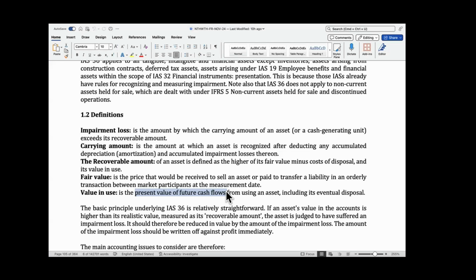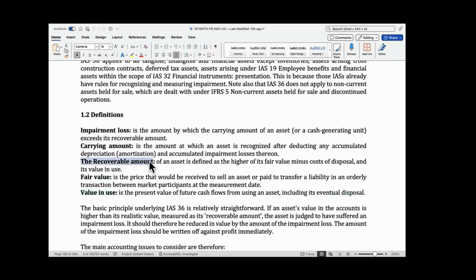So they would estimate future cash flows, future benefits that you can get from that asset. They will get their present value, including how much you will sell the asset eventually. They will get the present value of that too. That's value in use. So by the time the examiner gives you fair value and they give us value in use, the higher of the two is recoverable amount.